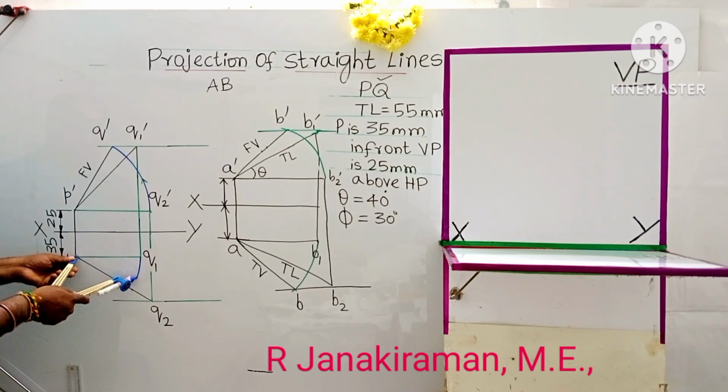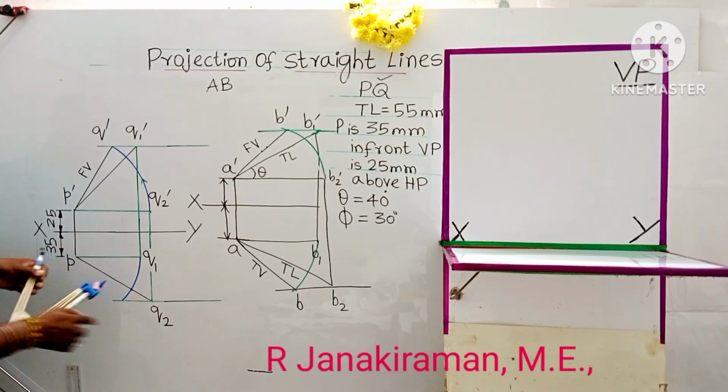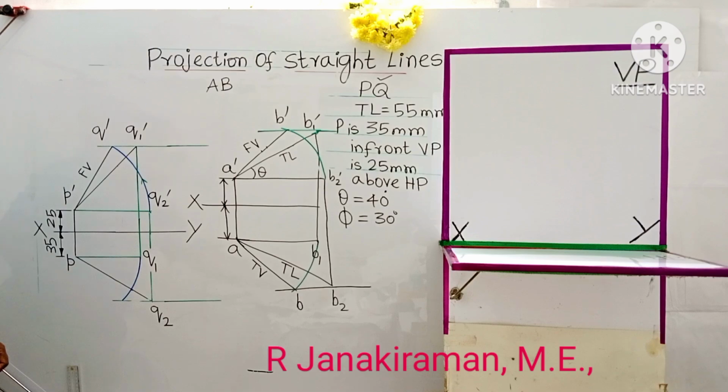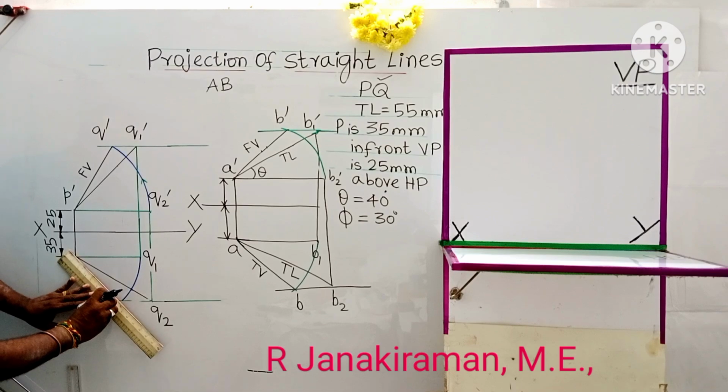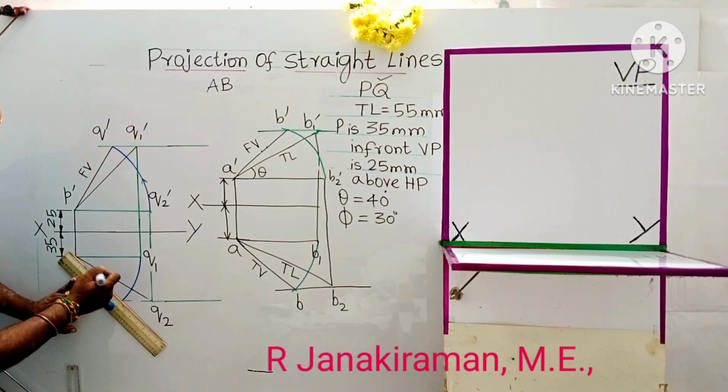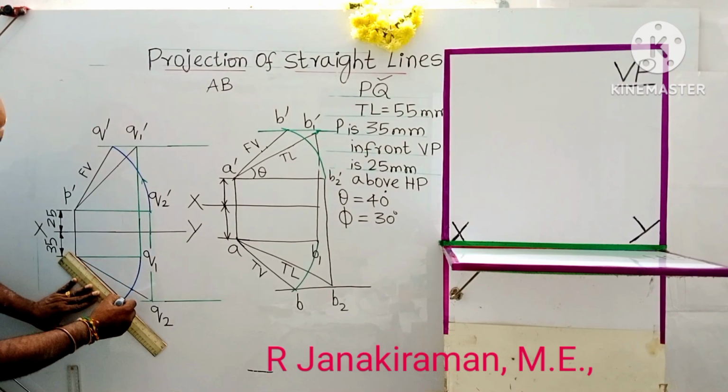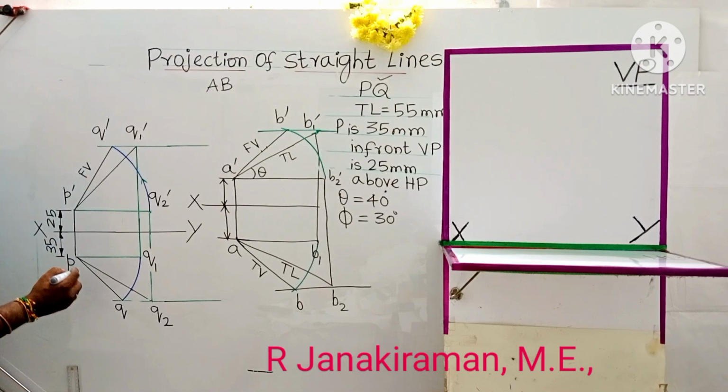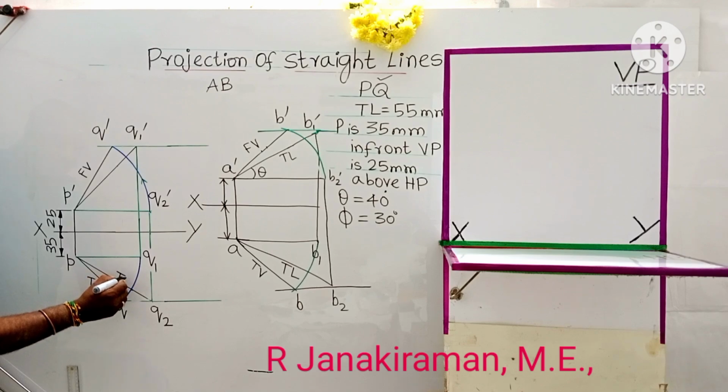This arc, where it intersects with the locus line passing through Q2, shall be marked as Q. Join PQ by HB or H pencil, it is one of the answers, called the projection, the top view. PQ is the final top view, TV. PQ2 is the true length. Already we have taken 55 mm, this distance. This is the final top view.